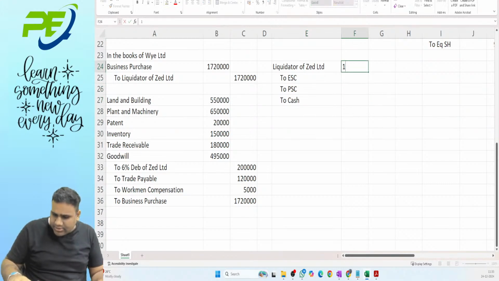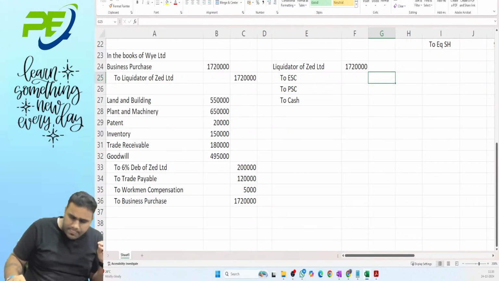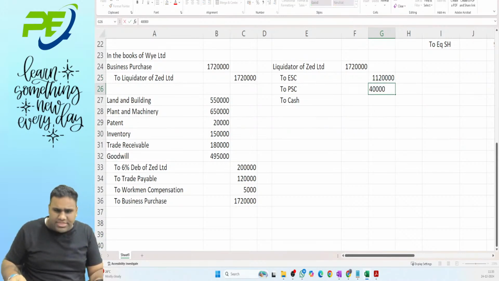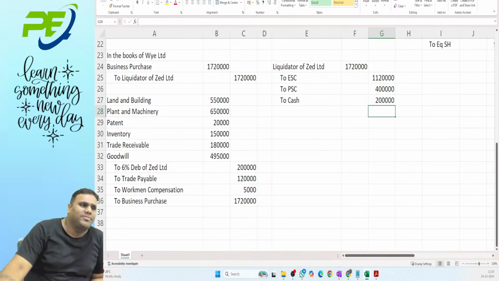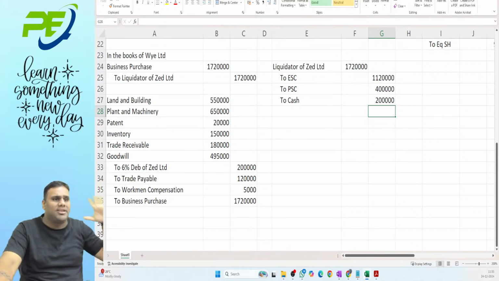So 17 lakh 20,000. How do we break it up? 11 lakh 20,000, 4 lakhs and 2 lakhs. This entry is wrong. And I am not showing the question also. By now you should have been alert.